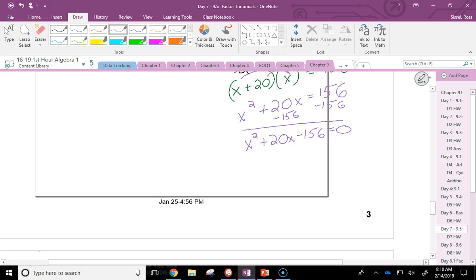Everything's going to stay the same. I'm going to show my work over here because I'm not in that room. I'd have x and x for my a, it's x squared. It's negative 156. So I'm going to have a positive and a negative.